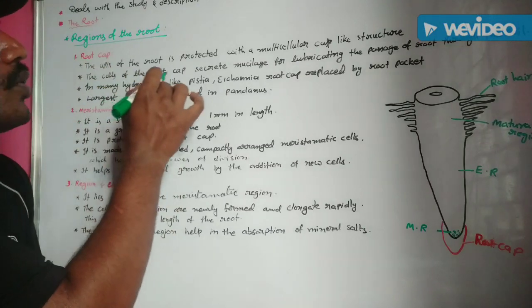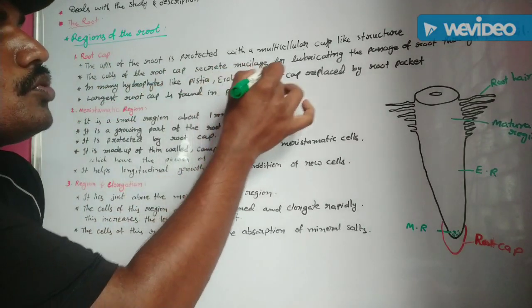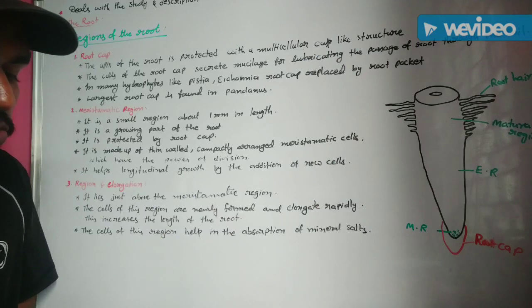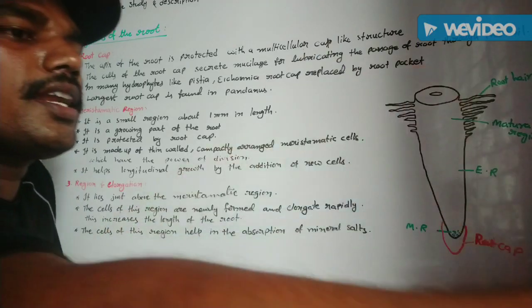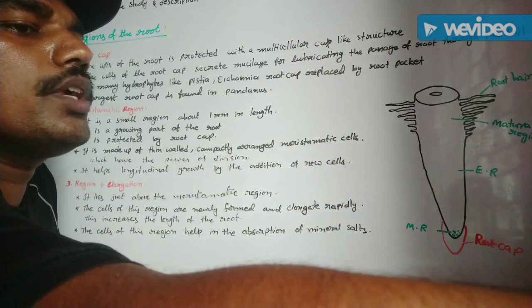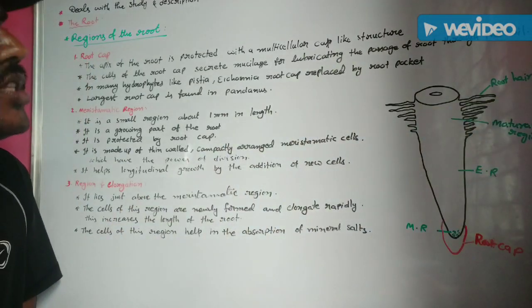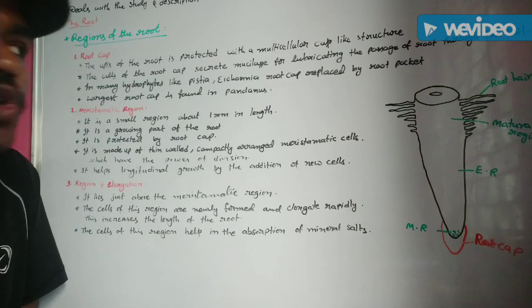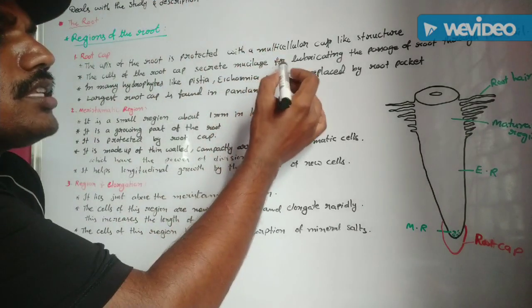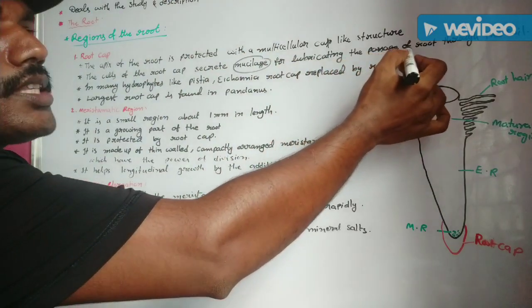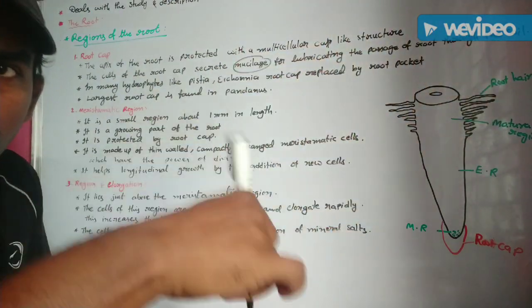Another one. The cells of the root cap secrete mucilage. Understand? Mucilage is secreted by the root cap cells. This mucilage is helpful for lubricating the passage of the root through the soil.